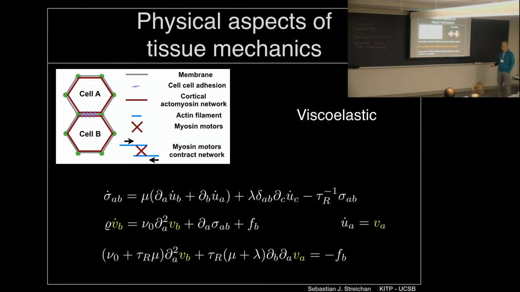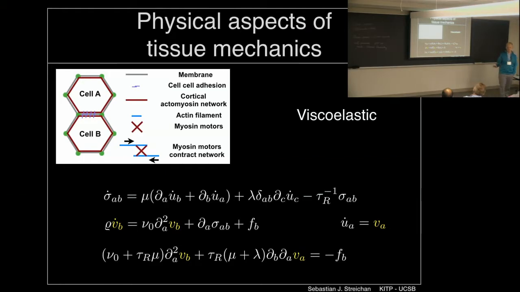Right? And so if you do this, you can basically say that you have a stress-strain relationship where you have some time scale at which the stresses will dissipate, right? And then you can think that this is going to be some kind of a creep flow, right? And you can then basically say, okay, your strain rate is like the velocity that I can measure.